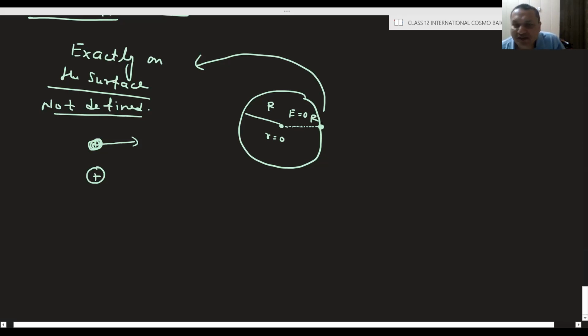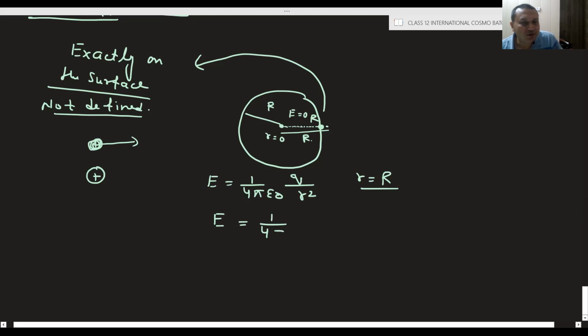On the surface it is not defined, but on the next point from the surface, suppose at a distance r, it is outside. So the electric field there is 1 upon 4 pi epsilon naught, q by r square. Now I put r equals R, the distance of this point from the center. So on the surface we generally write that the electric field is q by R square, and this is the maximum value.